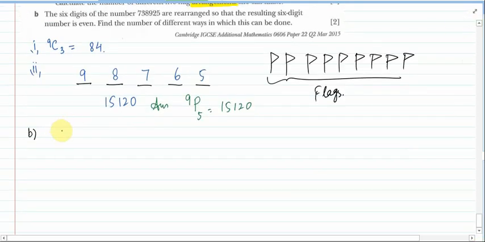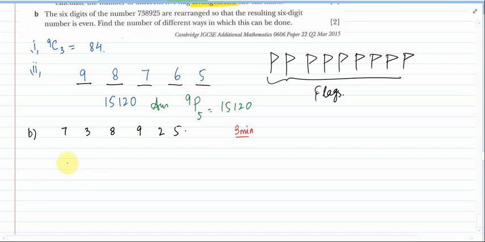The digits we have are 7, 3, 8, 9, 2, 5. How many possible arrangements are there in which you get an even number? We have attempted such type of question, so you need to give it a try by yourself. Time is 3 minutes, so start.